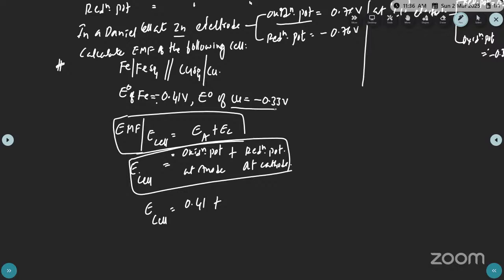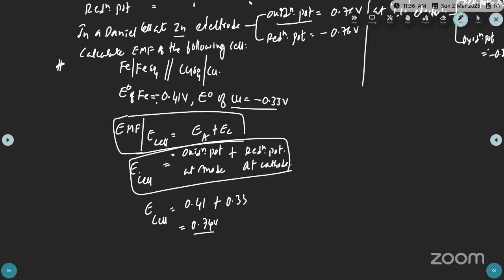Here the given potential is oxidation potential, but we need reduction potential at cathode, so 0.33 volts. Adding these two potentials, we get 0.74 volts. This is the cell potential.